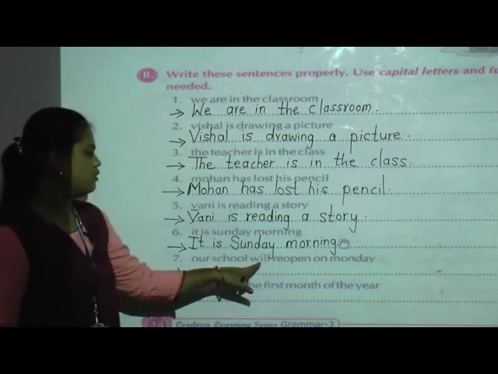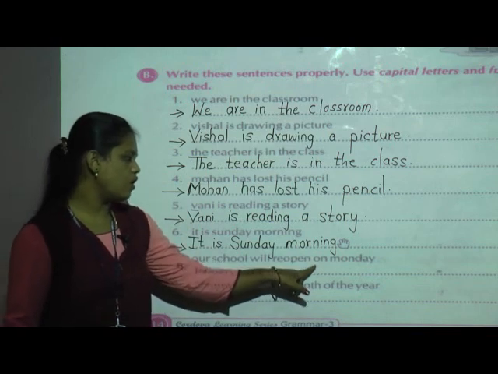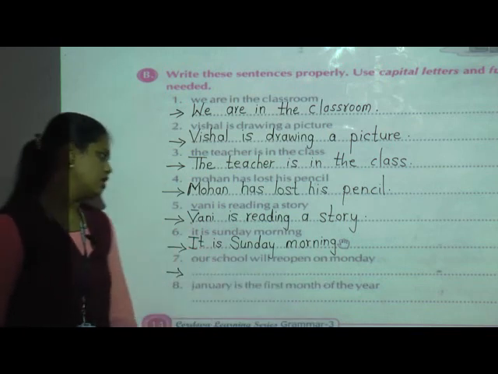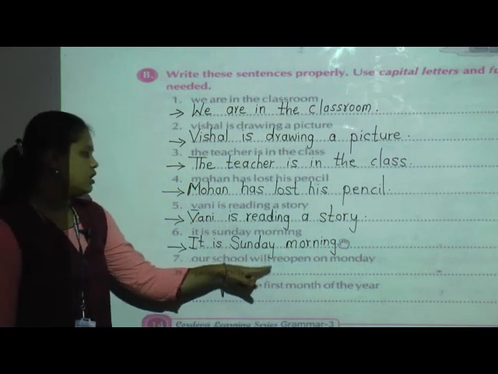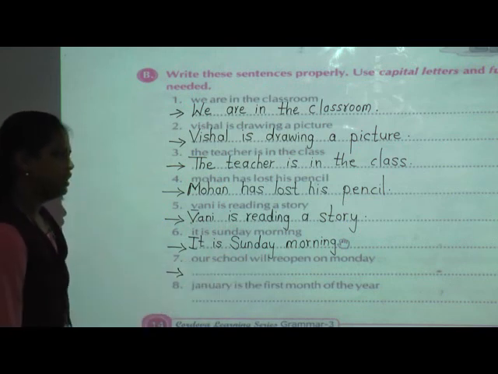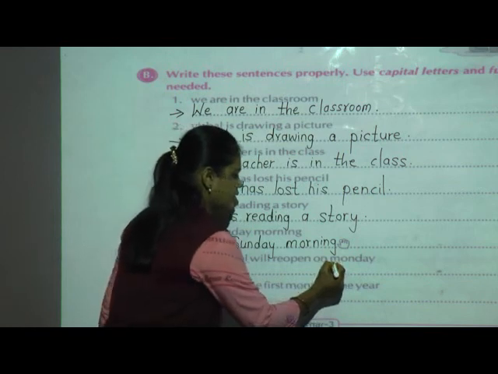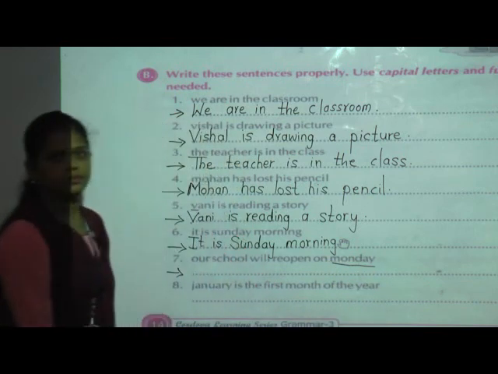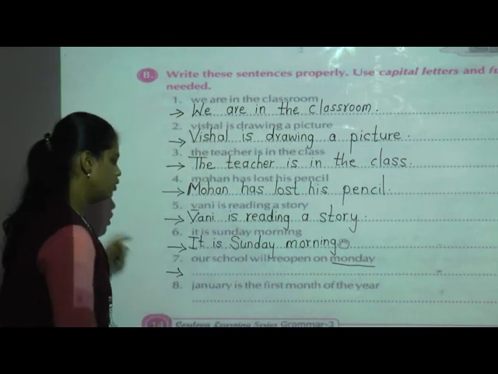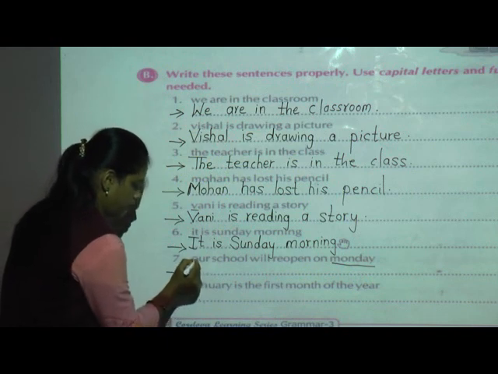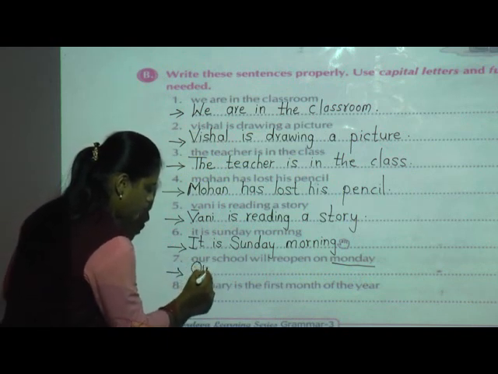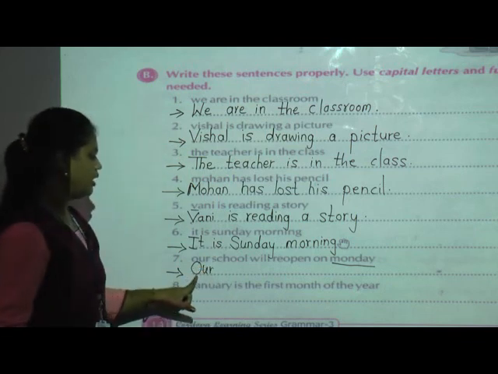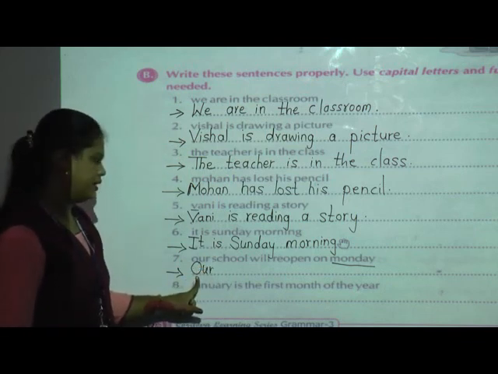Our school will reopen on Monday. Here again you can see the day has come. So the first letter we have to start with the capital, means our, O I have to write in capital letter.